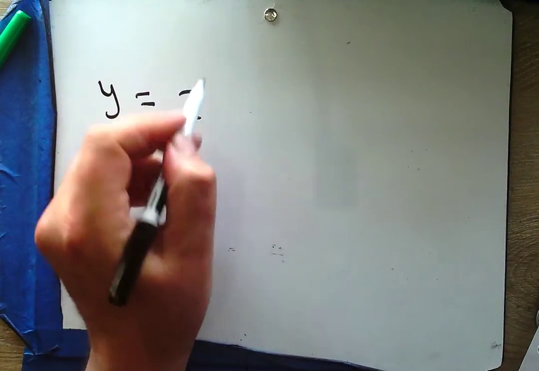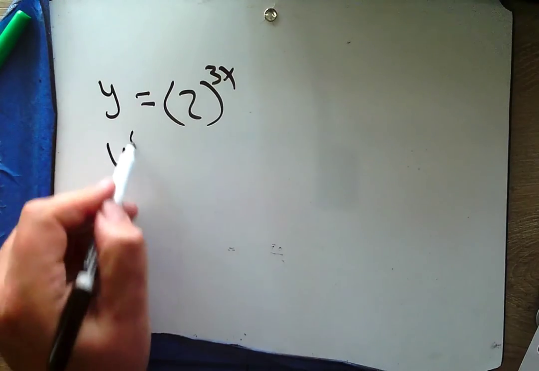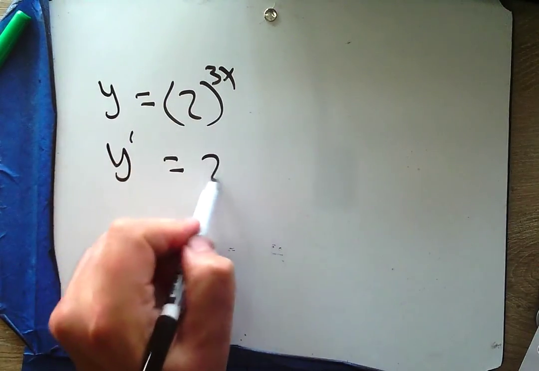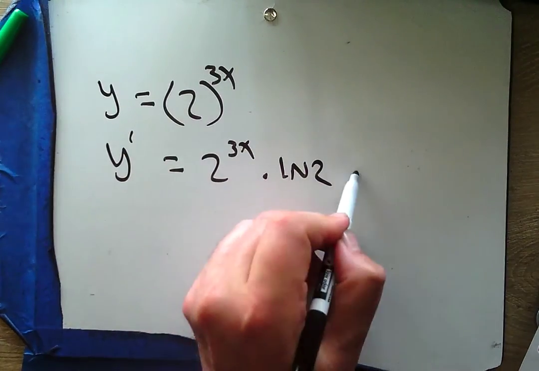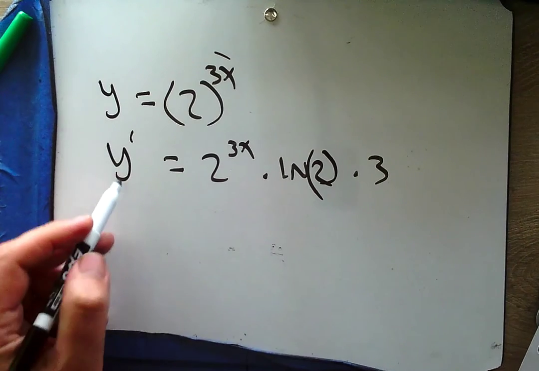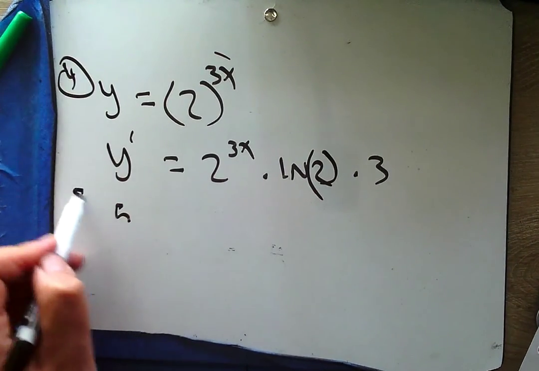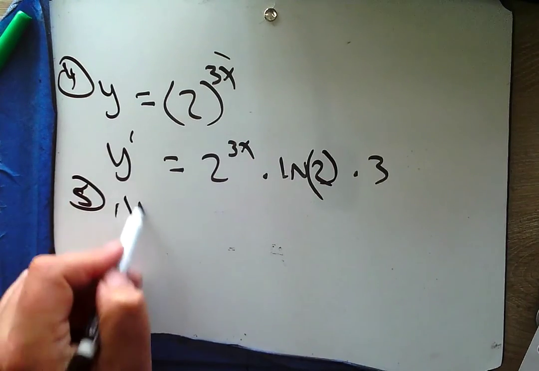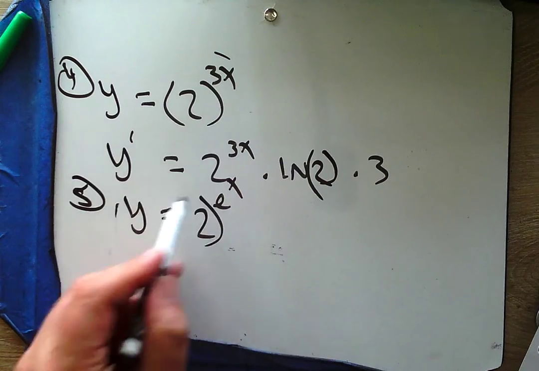Okay, number 4. y equals 2 to the 3x. Well, we know that y prime is going to be itself times ln of the base times the derivative of the top. How about 5? 5 says y equals 2 raised to the x power.